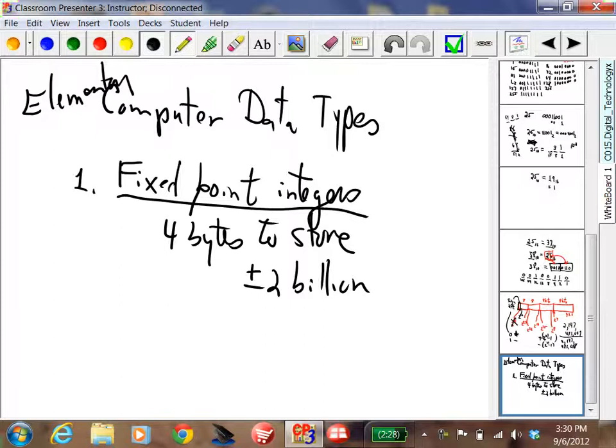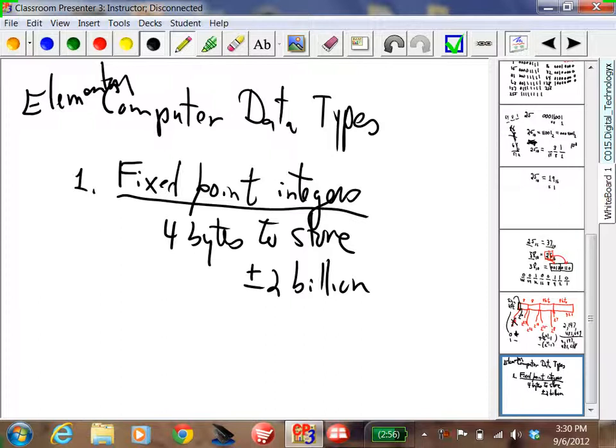Almost all computers nowadays are going to have 4 byte integers. There'll also be others, but let's stick with this right now.